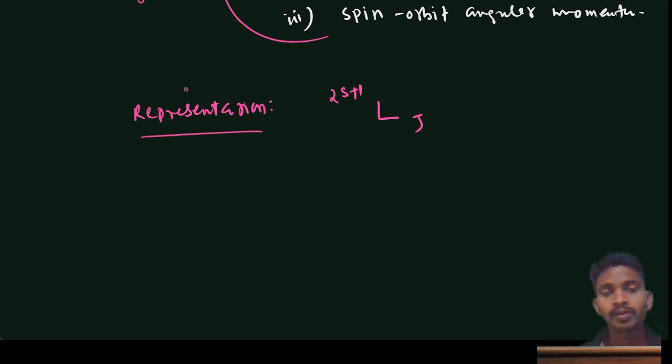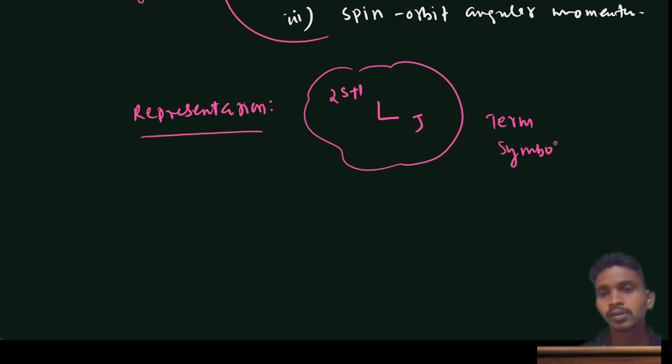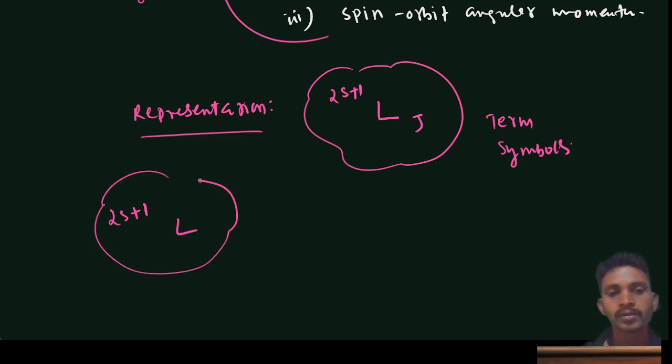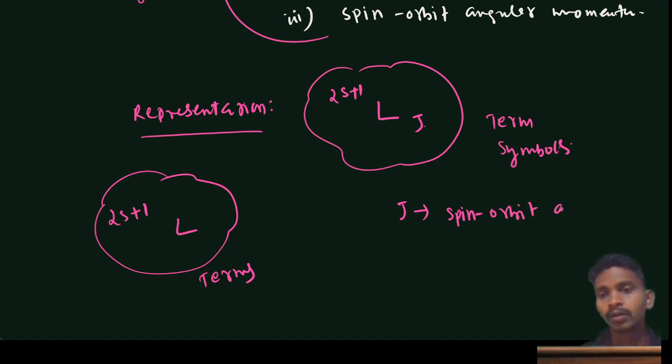Previously we discussed terms, and this is term symbols. For terms we say only 2S plus 1, where no J will be there. J is the spin-orbit angular momentum.